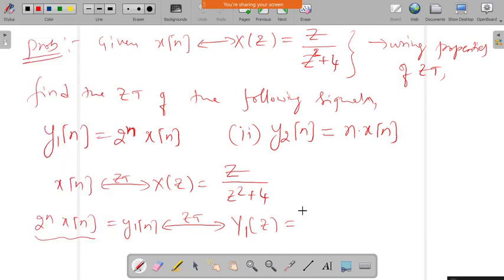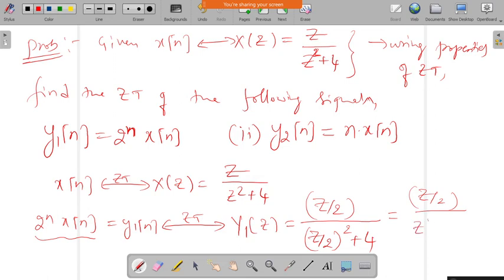Here we need to do the same thing, right? Now we have x of z, wherever z is there, replace it by z by 2, right? That is z by 2 divided by z by 2 whole square plus 4. So this is the Z transform of y1 of n. Now we can simplify this also, and we can write z by 2 divided by z square by 4 plus 4, and you can take LCM.